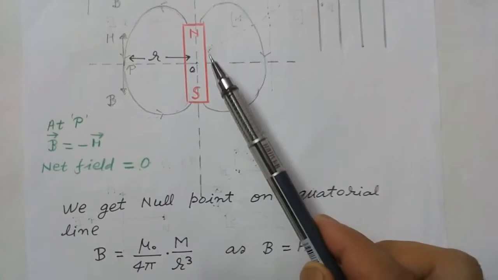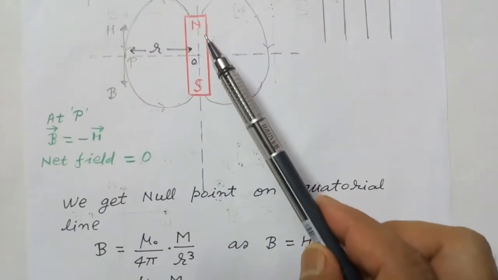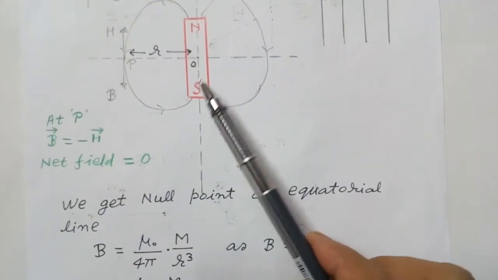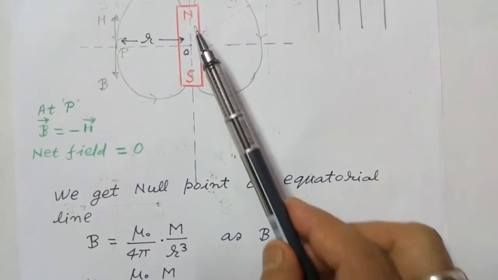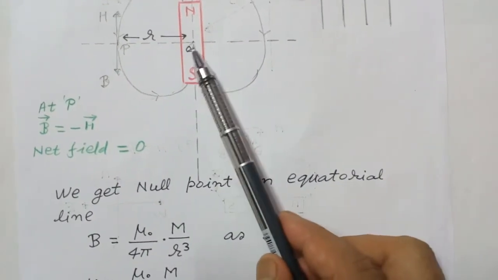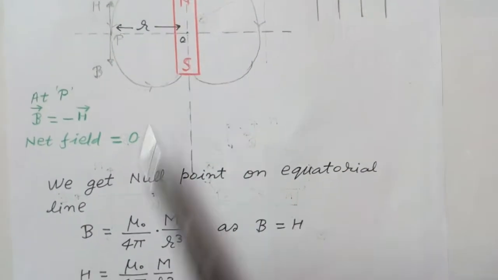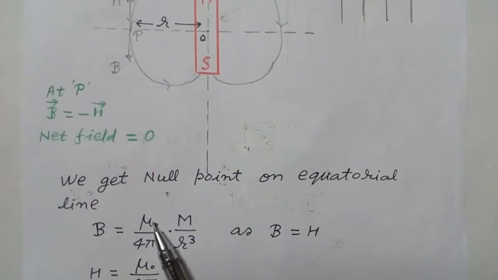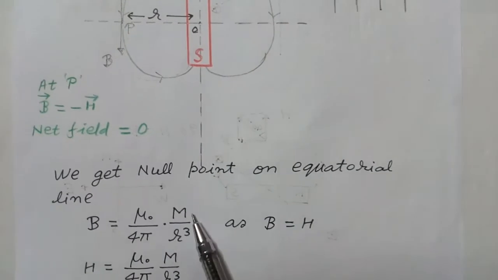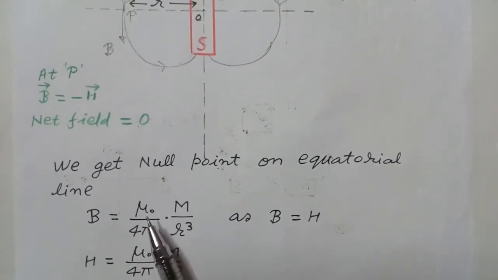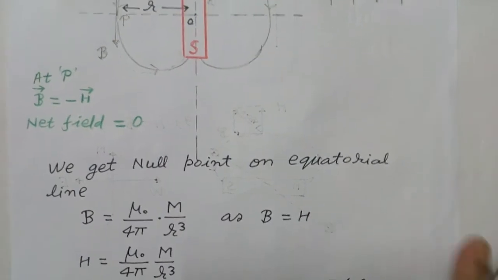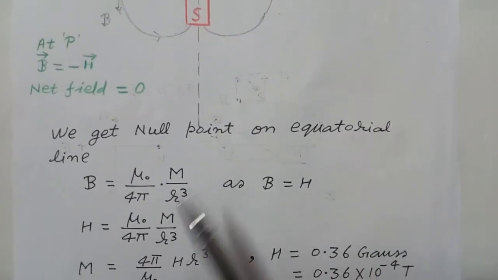Now we know that if magnetic moment of a magnet is capital M, then magnetic field at a distance r from the center of the magnet is given by the formula B is equal to mu naught upon 4 pi into M upon r cube, where mu naught is permeability of the air or free space.